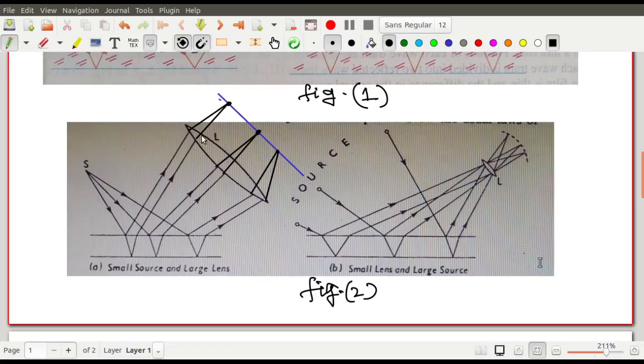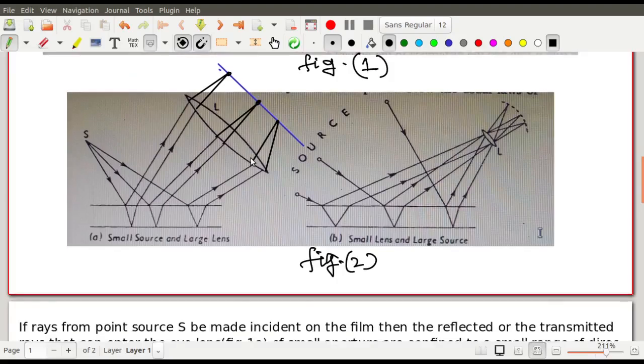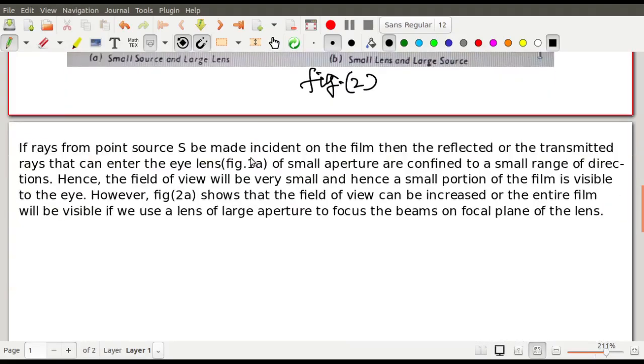But this is unnecessary. Just draw up to the lens, that would be fine, the rest is not needed.